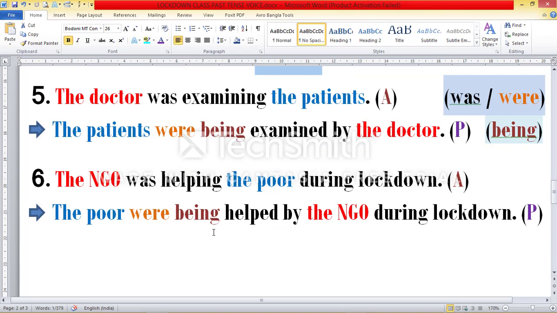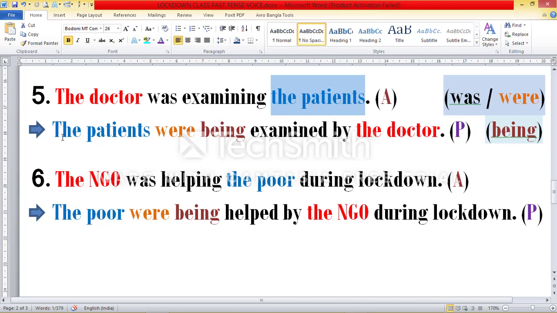The fifth sentence is, the doctor was examining the patients. And in this sentence, as you know, the doctor is the subject, and the patients is the object. So our first duty is to make the object subject.